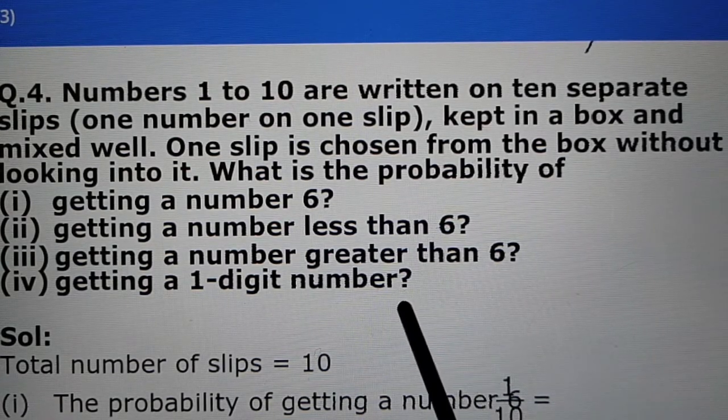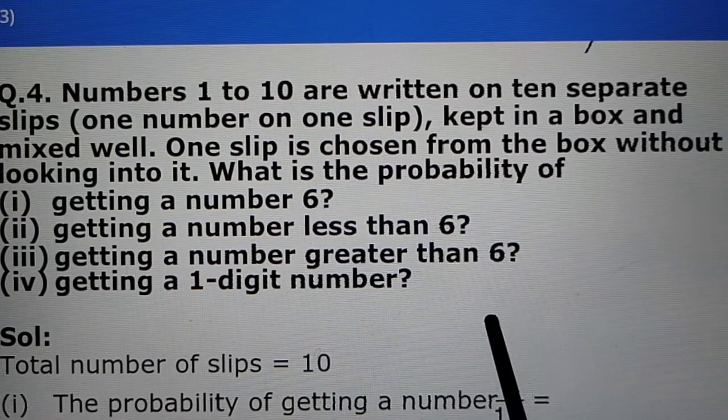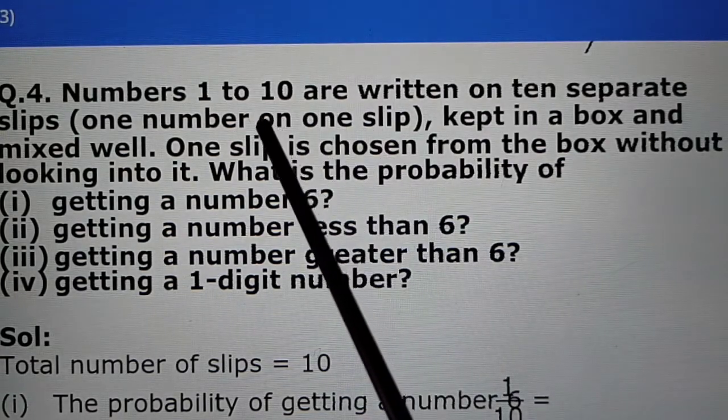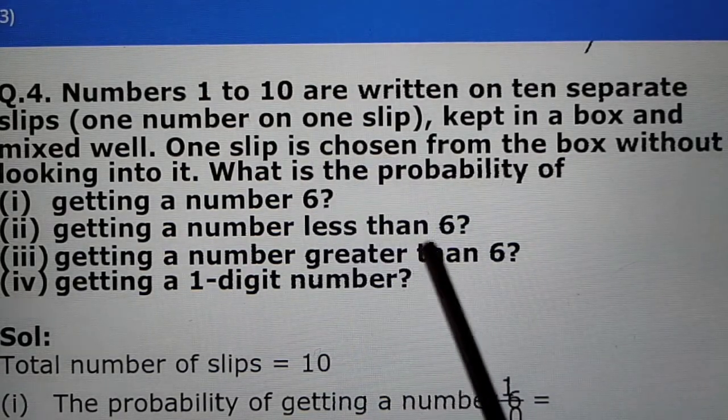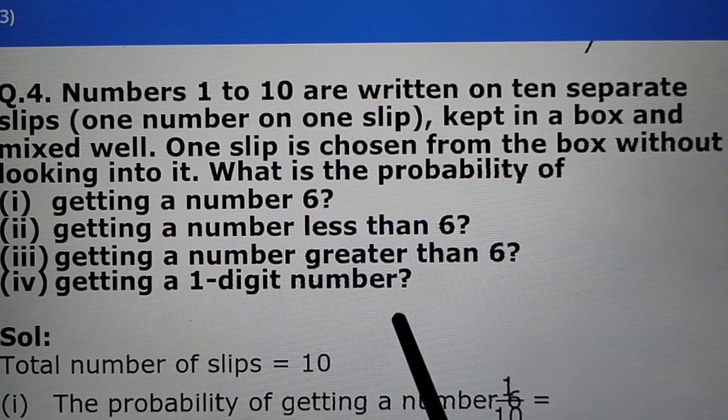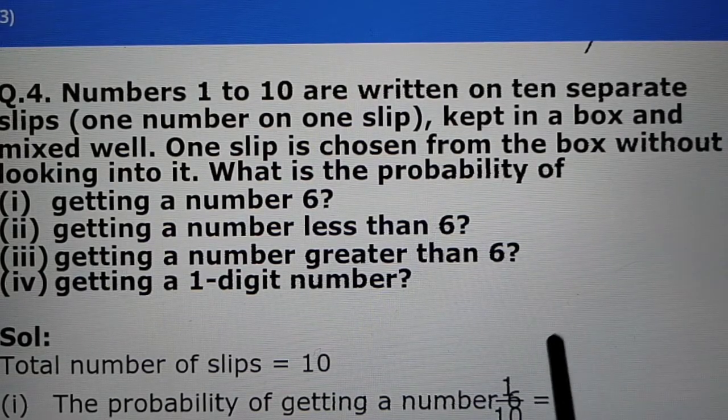Alright, next question. Getting a one digit number. From 1 to 10, 1 is a one digit number, 2, 3, 4, 5, up to 9 are one digit numbers. But the only 2 digit number is 10. Therefore, the favorable events are 9 out of 10.